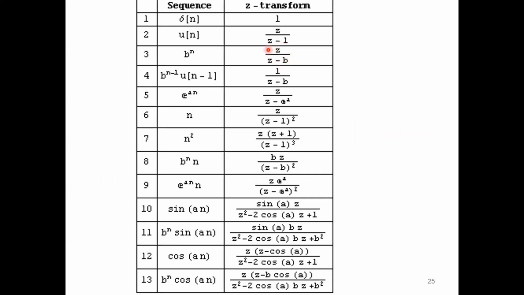If you have this block as a partial fraction, the inverse z-transform of this one is simply this constant to the power n. So that is why when we do partial fractioning, we have to do it this way, where you create many partial fraction blocks of the same shape, z over z minus a constant.